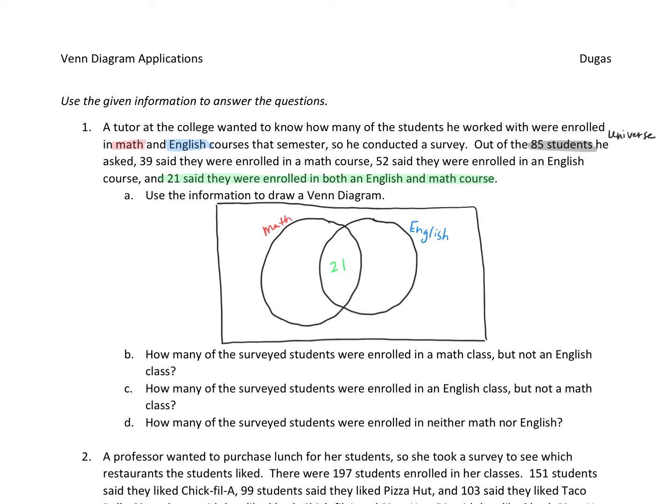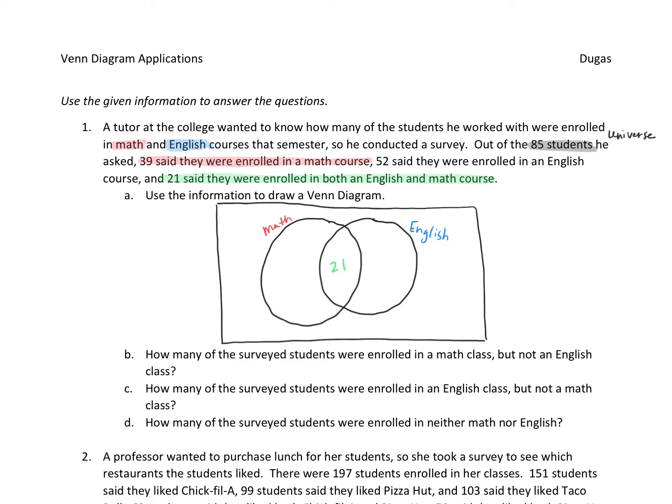Then you want to kind of work backwards. 39 were enrolled in math. That means the entire math circle has to add up to 39. Well, if one part of it's already 21, I can find this part by doing the total minus the 21 from the middle.